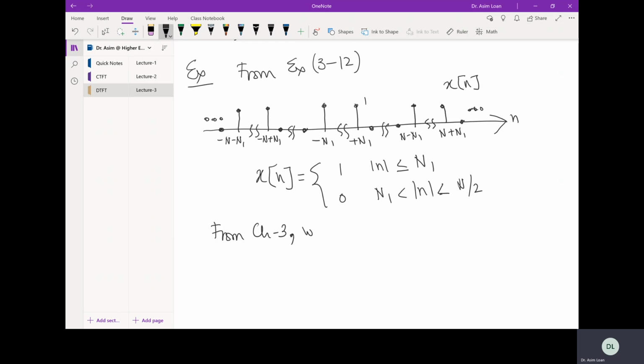Okay, and we know from chapter 3, a naught is (2n1 plus 1) over n, or maybe this is ak.